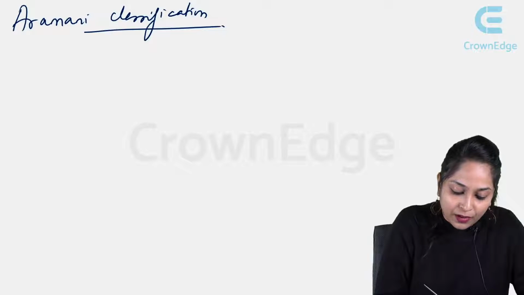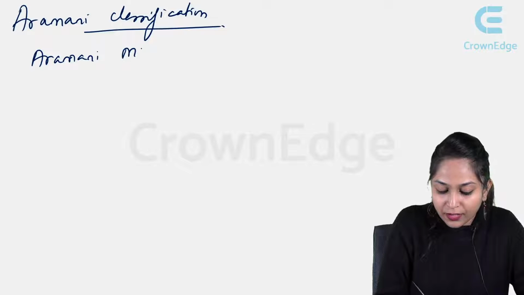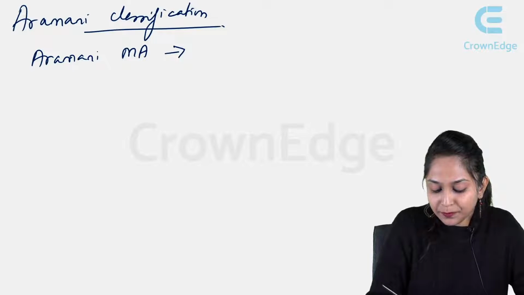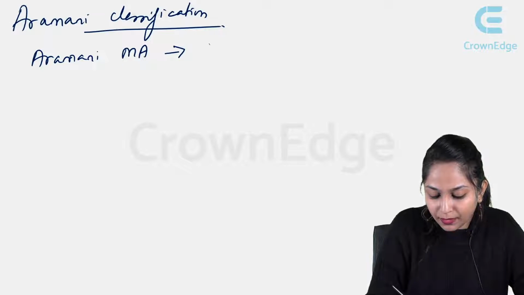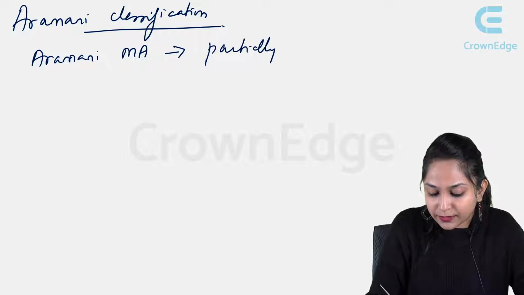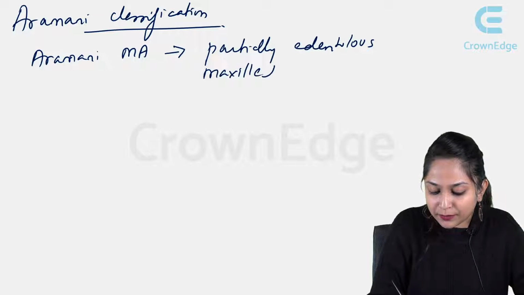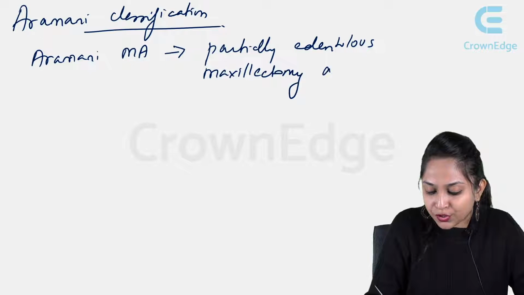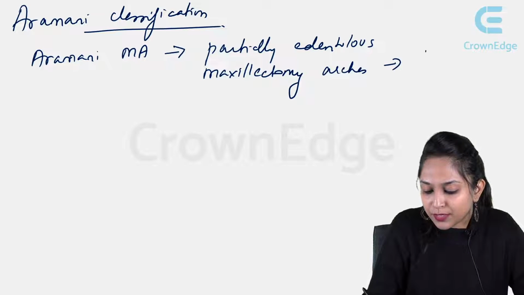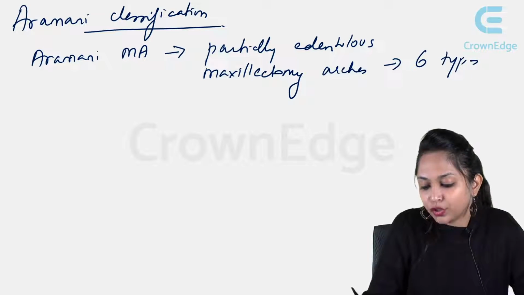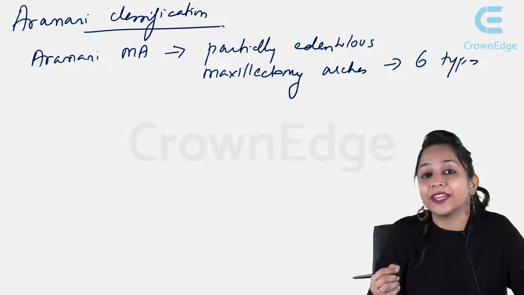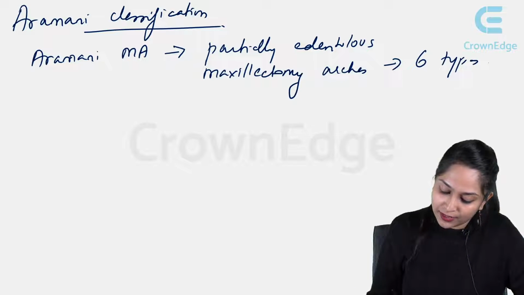So, Romani classified partially edentulous maxillectomy arches into 6 types. You need to know all the 6 types in order to identify what exactly it is, right?